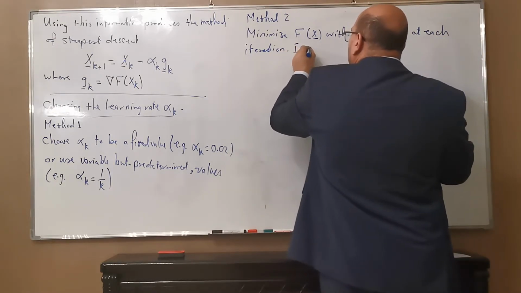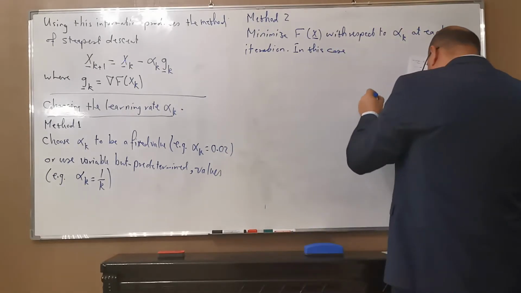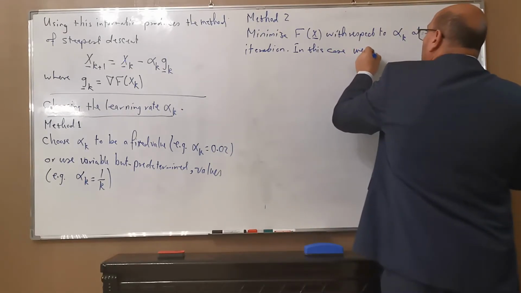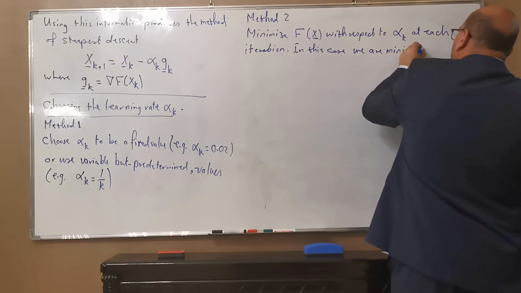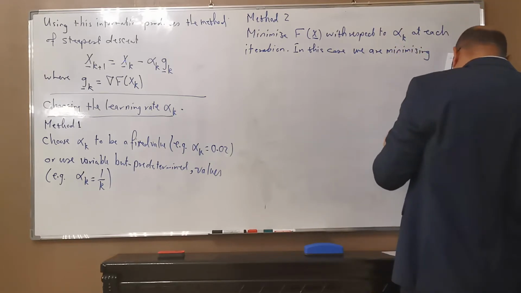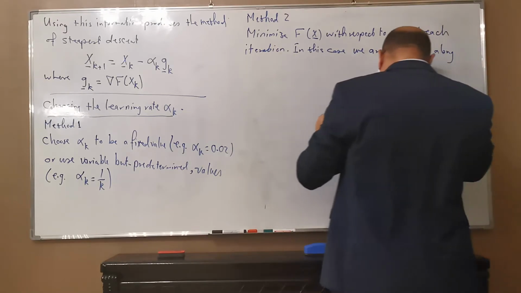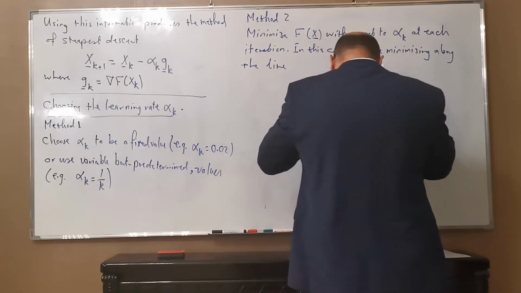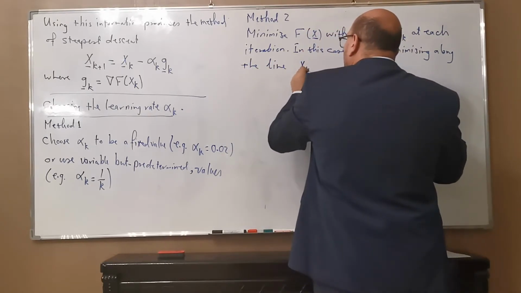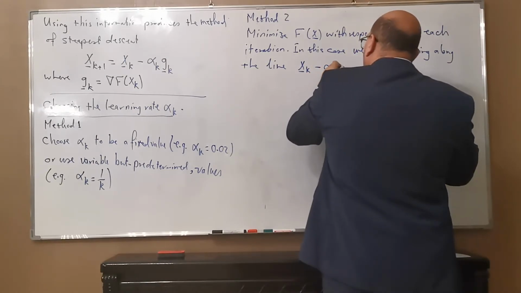In this case, we are minimizing along the line xk minus alpha k gk.